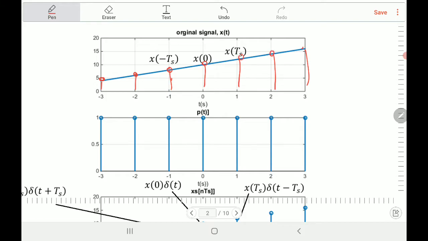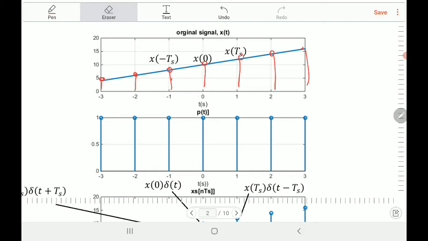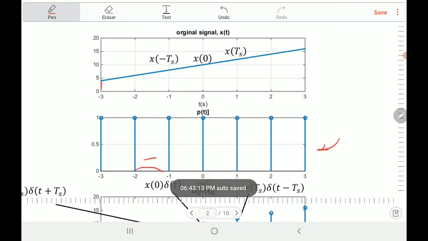So actually you can get this by multiplying the signal that we have here, the straight line, by a train of pulses, and they are separated by a period equal to Ts, uniform sampling.